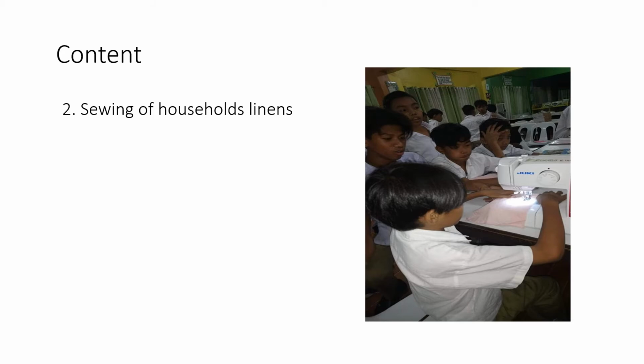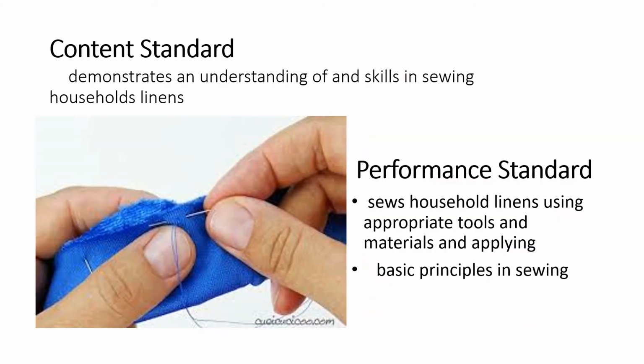Content number 2. Sewing of household linens. Content standard: demonstrates an understanding of and skills in sewing household linens. Performance standard: sews household linens using appropriate tools and materials and applying basic principles in sewing.